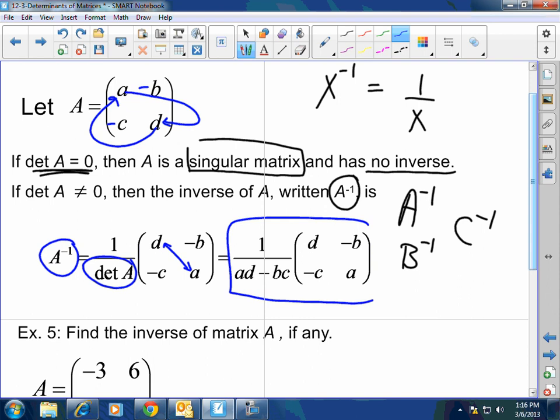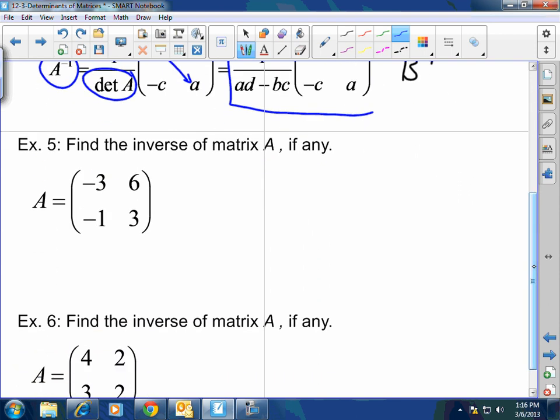Okay, so find the inverse of matrix A, if any. Well, always first start with the determinant. You got -9 minus a -6. So this is going to be -3, so that's my determinant. And this is going to work because it's not 0. Now, what is the inverse of this matrix?